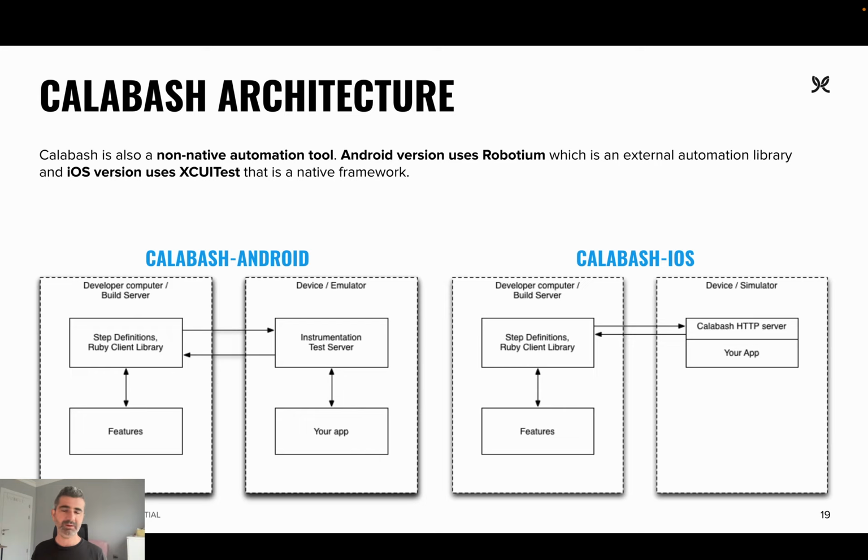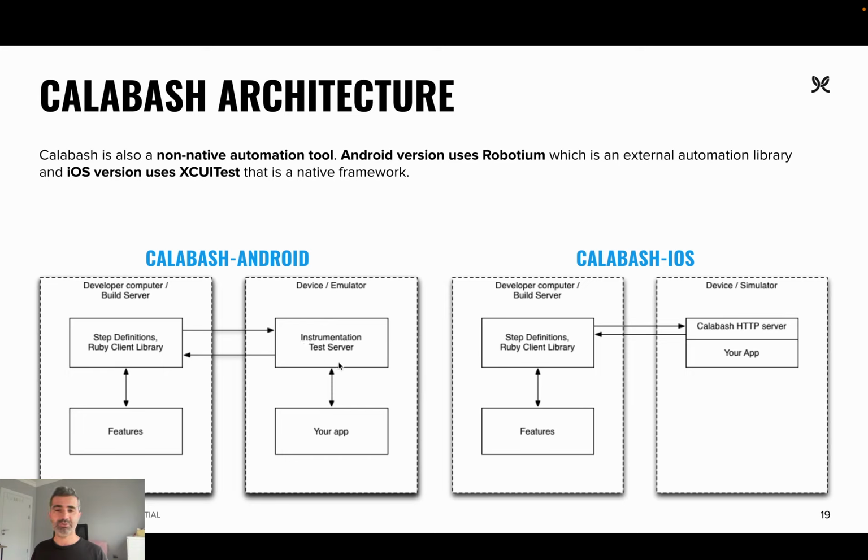This can give you an idea. You might not use Calabash, but it can give you an idea of how non-native tooling can be implemented. The architecture is very similar to Selenium and Appium. You can see that there is also a server.